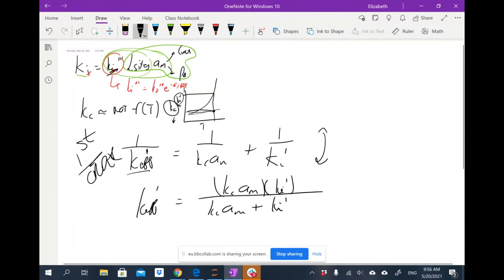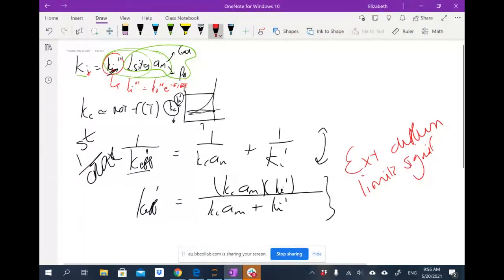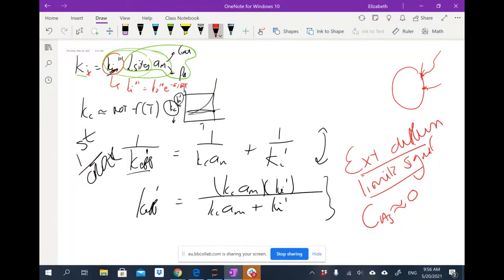Let's consider the scenario where external diffusion limits my rate significantly, to such an extent that my surface concentration pretty much goes to zero. So as soon as it hits that surface, gone, hits the surface, gone. It reacts as soon as it hits that surface, right?